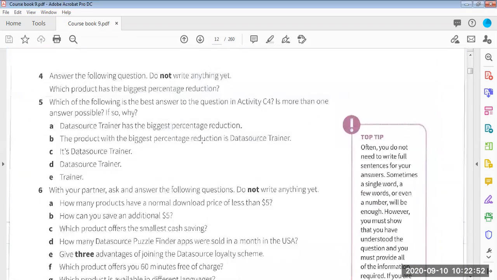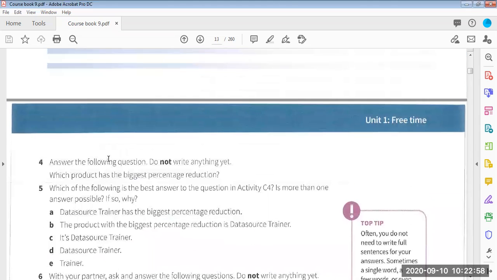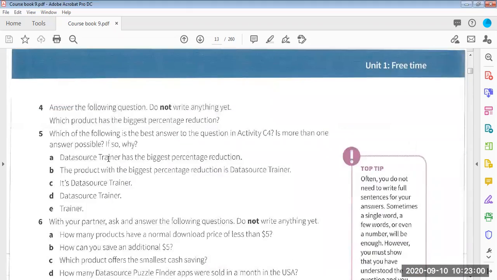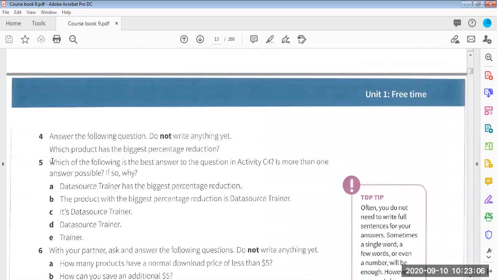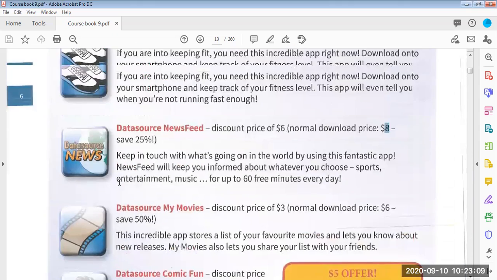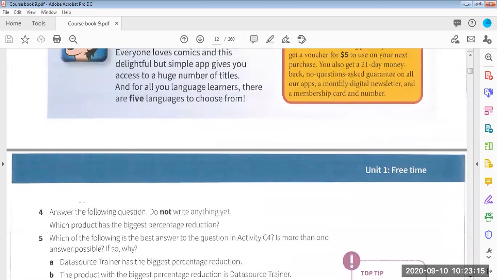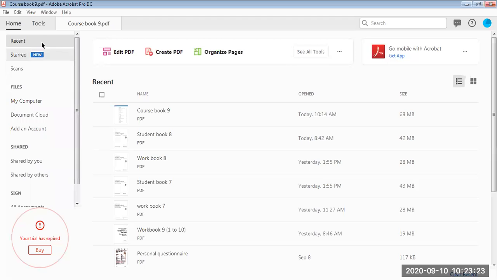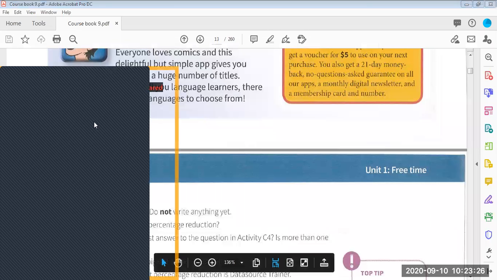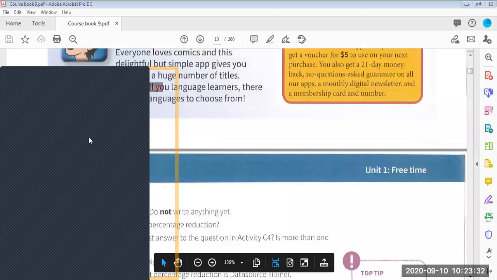After that, as a whole class, we solved activities 4, 5, and 6. These activities also belong to the text on page number 6. As a whole class, we read the questions one by one, and then students participated to find the answer of each question. After that, we discussed the homework, and I'm going to display the homework.